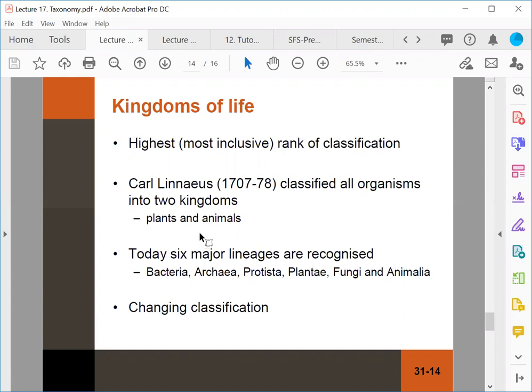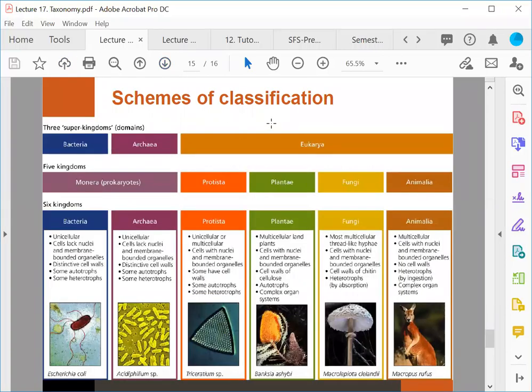Then in the 1800s, a third kingdom was introduced. In the 1900s, a fourth kingdom, and today there are 6 major lineages recognised: the bacteria, the archaea, protista, plantae, fungi, and animalia.